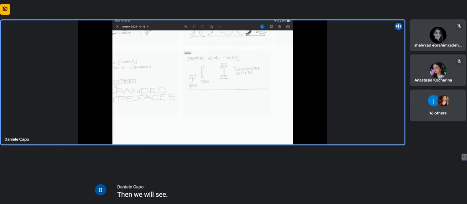Then we also see the idea of drawing positive, negative, where we focus on the interconnection between the outside and inside.